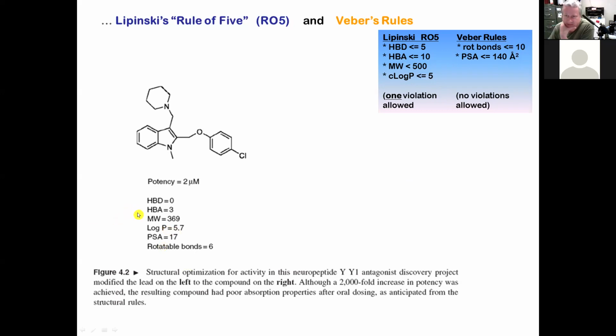Let's see if we can get 6. So I see that's a rotatable bond, and that's a rotatable bond. That's 2. Those are totally rotatable, right? They can rotate. 1, 2. That's a rotatable bond. That's 3, 4, 5, and 6.